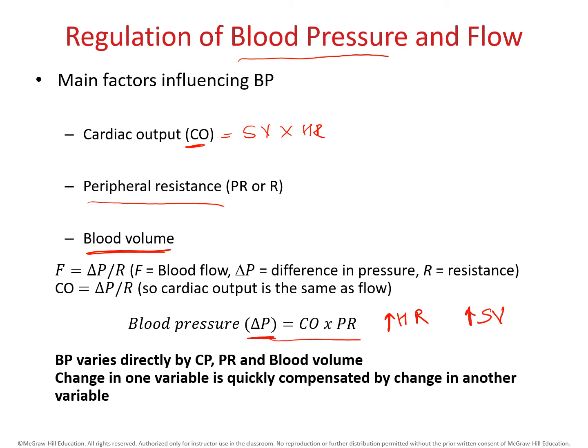Okay, so you can see how all of these things are directly related. So when you increase cardiac output, resistance, heart rate, or stroke volume, blood pressure gets increased as well.